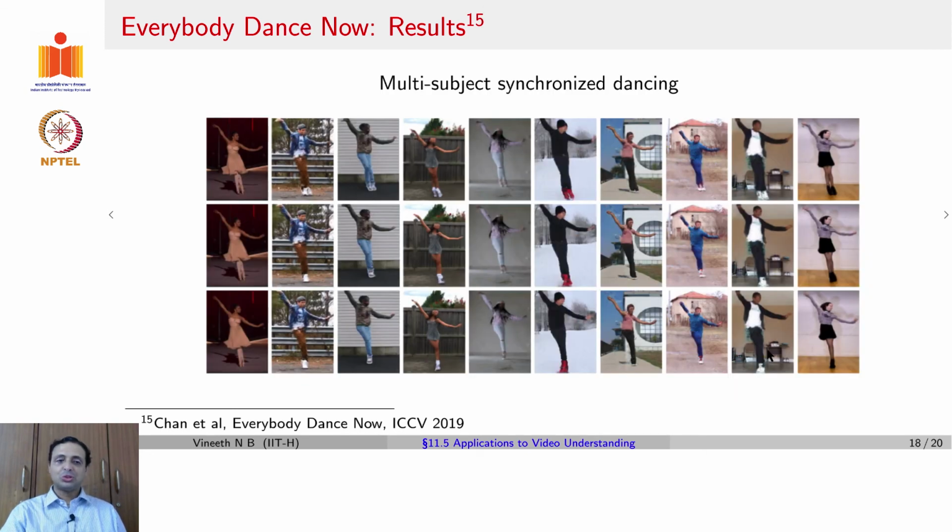The paper also shows interesting results of multi-subject synchronized dancing, where the source subject's poses are transposed onto multiple different subjects of different backgrounds, different sizes, different genders, and the same pose is now shown by all of those people to give a sense of synchronized dancing.